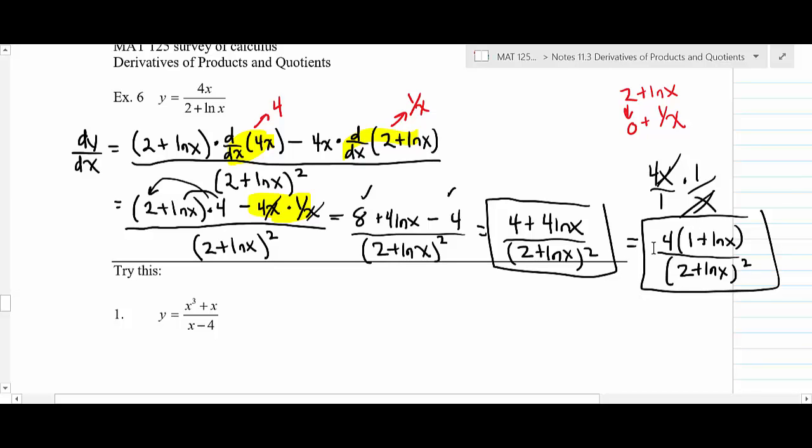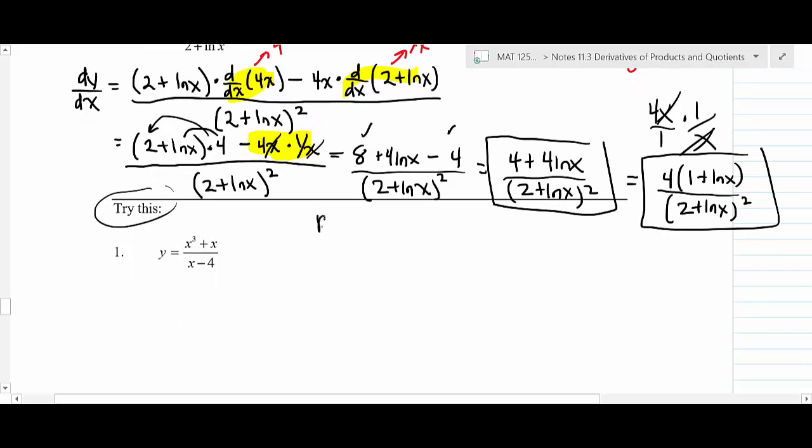Okay? Okay, your turn. I'll let you guys try this one. I'll give you a little time to see if you can do that. I'll write the quotient rule up here too. So it's bottom times derivative of top, top times derivative of bottom, over bottom squared. So go ahead and take a little time, see if you can get that one put together.